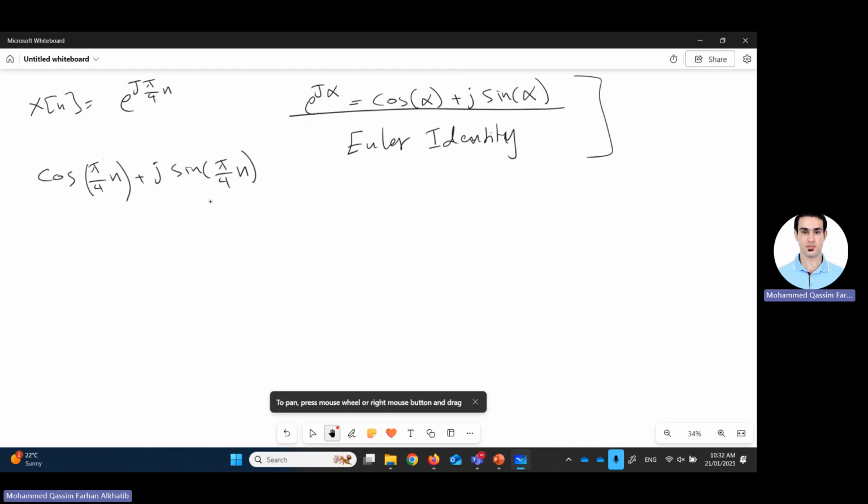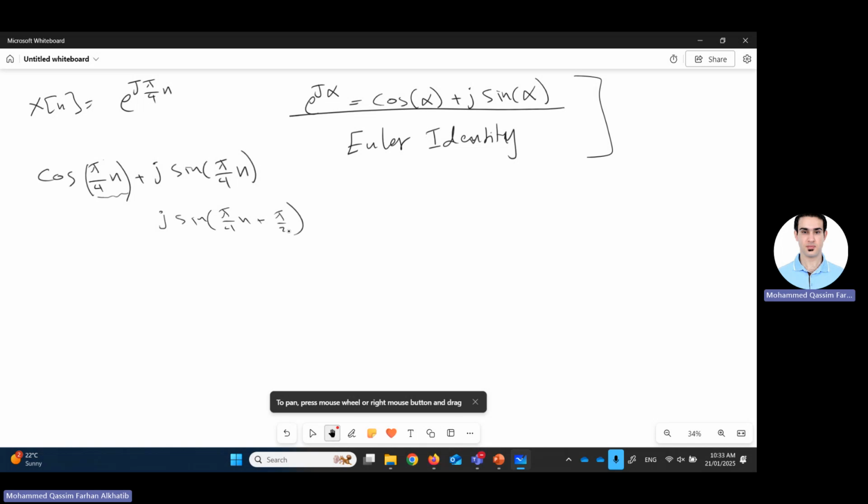Okay, you are half correct. Now, why can I do that? Because they have the same frequency. Sine and cosine only have a phase shift between them of 90 degrees, pi over 2. So if I do it for cosine, I can make the same assumption for sine. Again, they both have the same frequency. So this one, I can simply make it j sine pi over 4 n plus pi over 2.